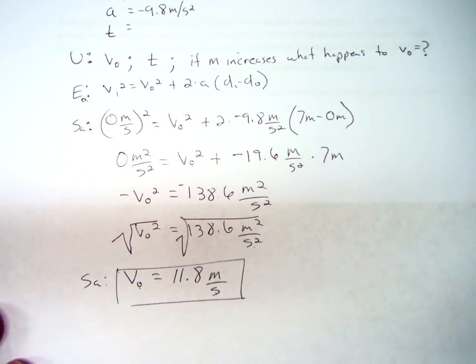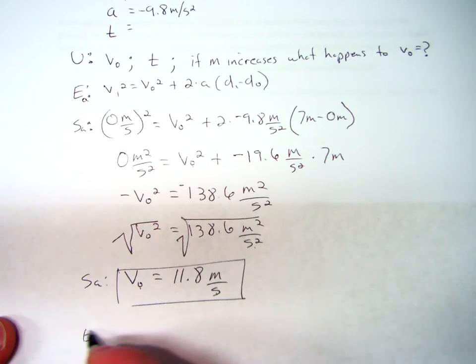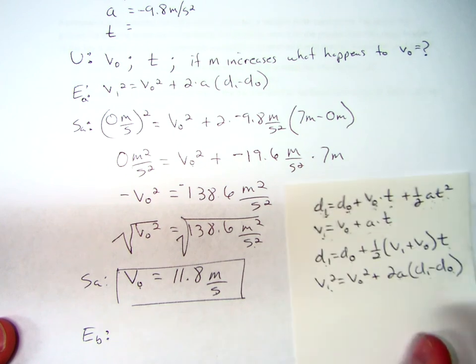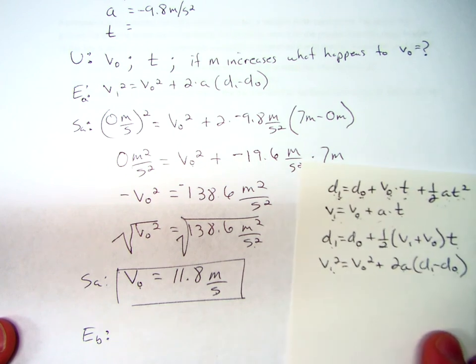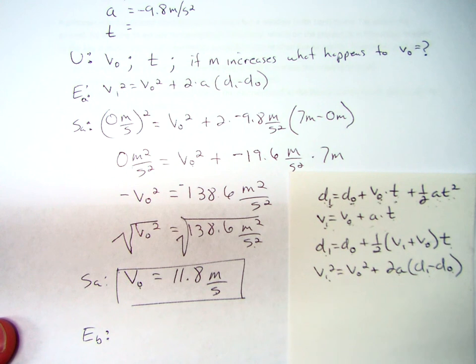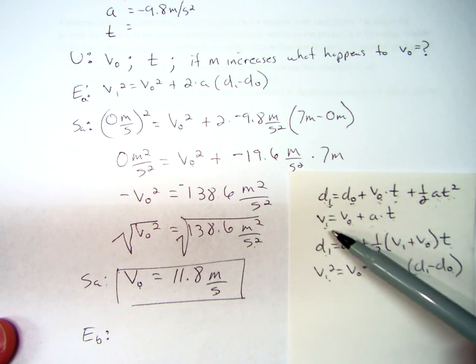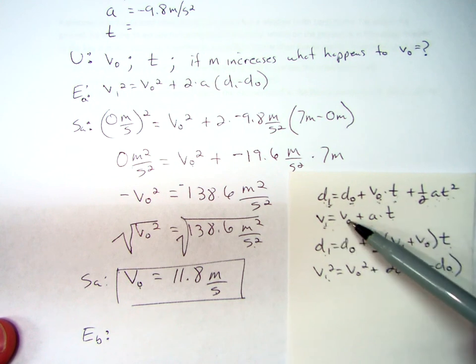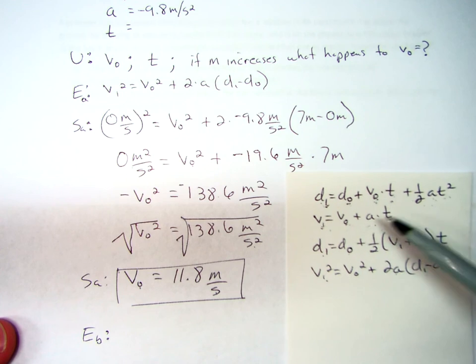Well, the second part, time. We look back at our card again of formulas or relationships, and we now know what the final velocity is, the initial velocity, the acceleration, so we can solve for time.